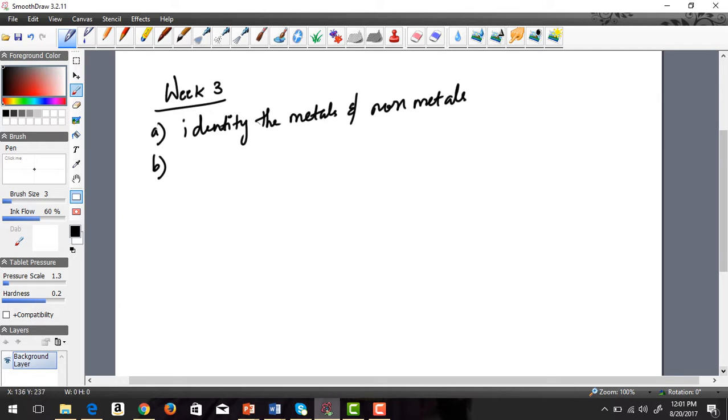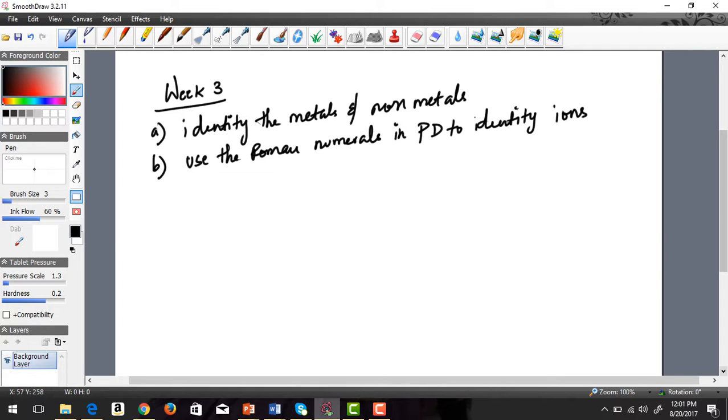Second, we're going to use the Roman numerals in the periodic table, I'm going to call it PD, to identify ions for elements.